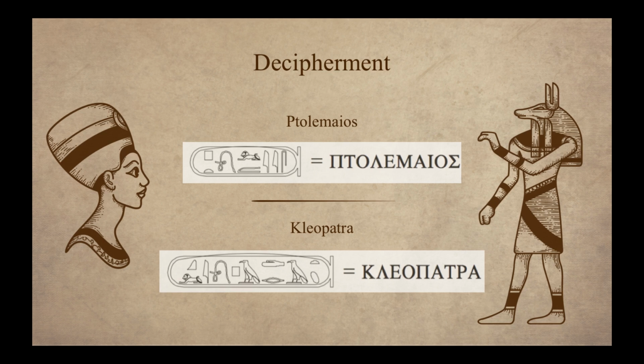And in the Ptolemaic dynasty, it's pretty easy because the Ptolemies had only two names for royalties. The males were called Ptolemy, and the females were all called Cleopatra.